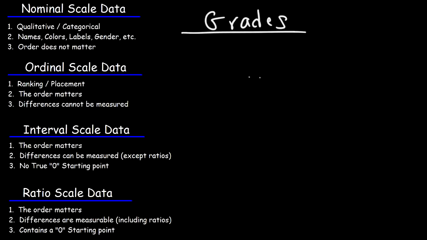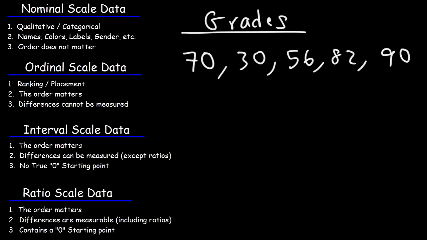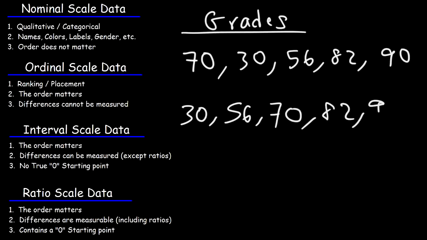Let's say we have the numbers 70, 30, 56, 82, and 90. So the order matters because we can arrange it in ascending order. So we can write it as 30, 56, 70, 82, 90. And the order has meaning. This is the lowest grade, this is the highest grade.